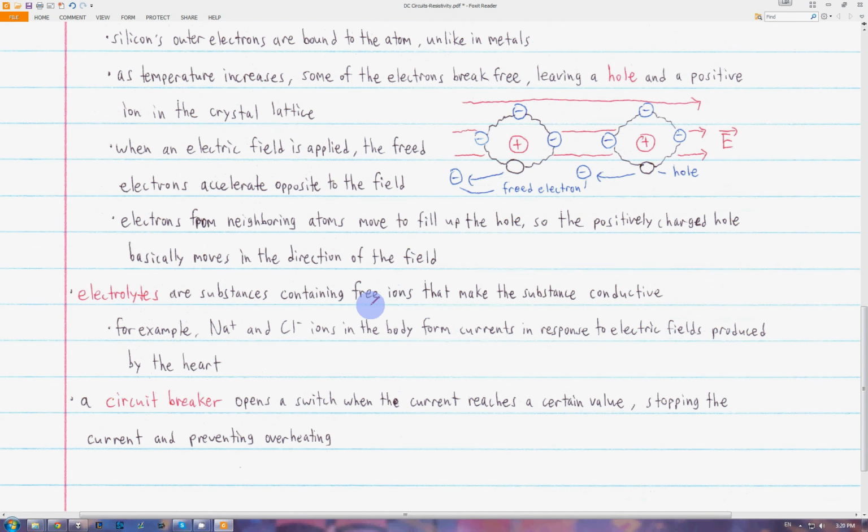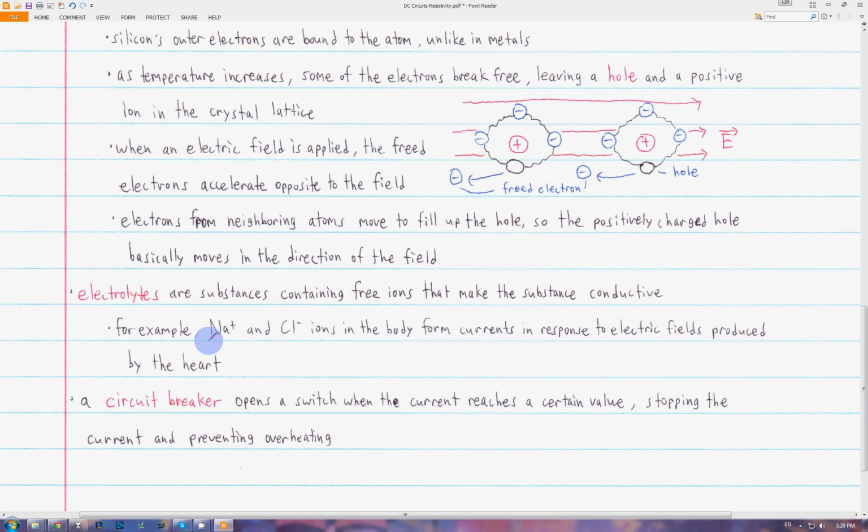So far we've mainly been talking about electrons as the current, such as in a metal. But remember, current is just the movement of charged particles, not necessarily electrons. So current can also be made up of electrolytes, which are substances that have free ions. Examples of these are sodium and chlorine ions, Na+ and Cl−.